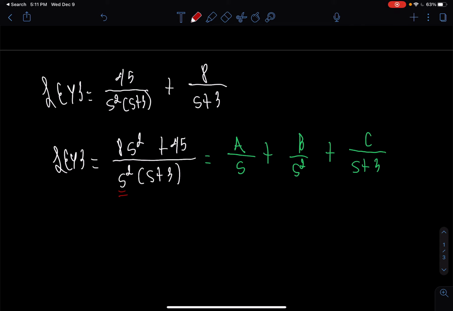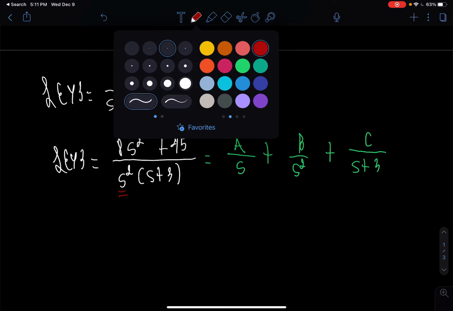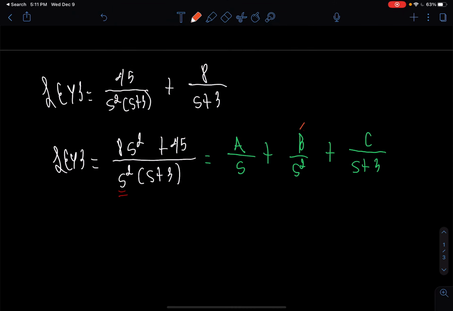If we evaluate that, we end up with 45 over 3, which is 15. So we have found our middle term, B, to be 15.